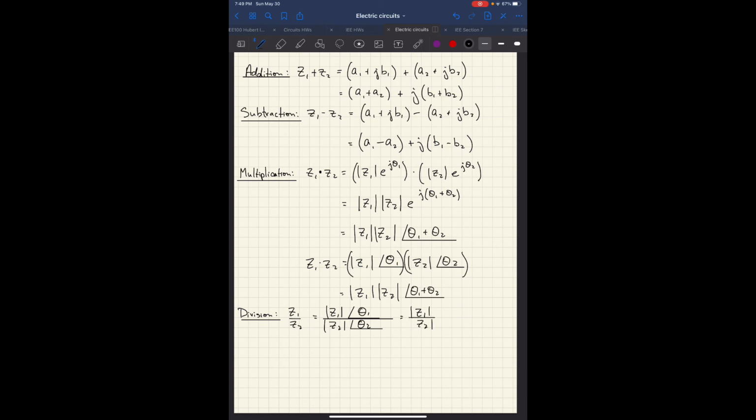However, in this case, with division, you might have guessed, the overall phase angle is going to be the difference of the individual ones. So angle theta 1 divided by angle theta 2 is going to be theta 1 minus theta 2.